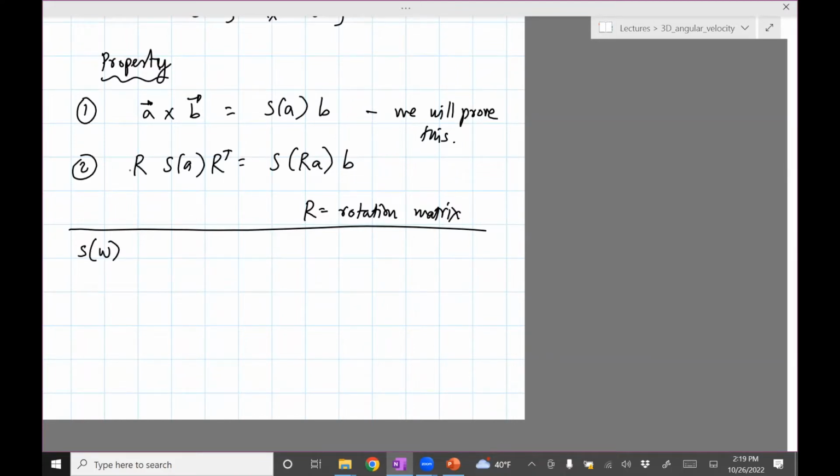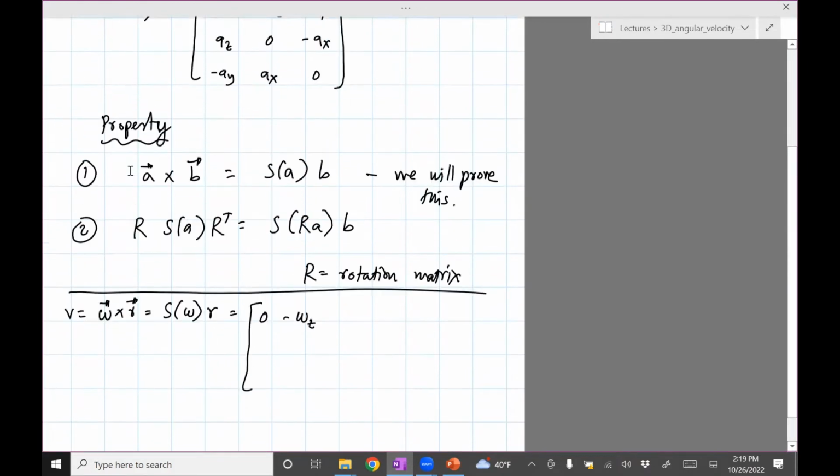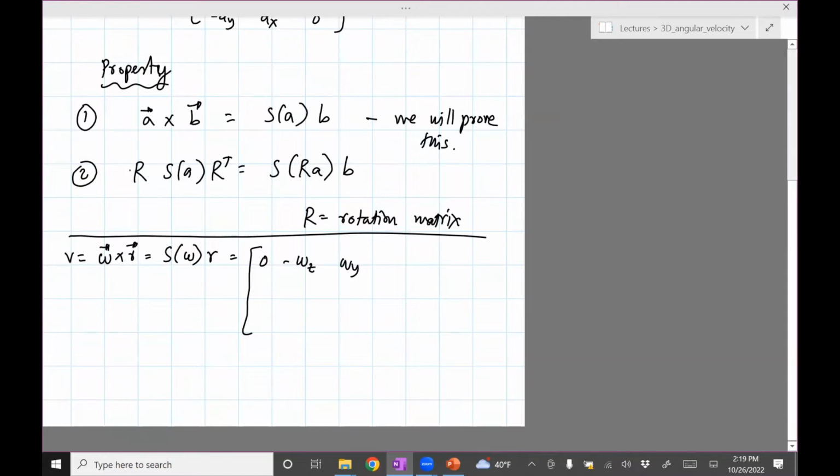S of omega times R: I just substitute A with omega. So the matrix is 0, minus omega Z, omega Y; omega Z, 0, minus omega X; minus omega Y, omega X, 0. And then R is Rx, Ry, Rz.